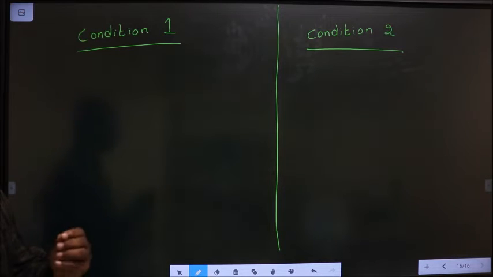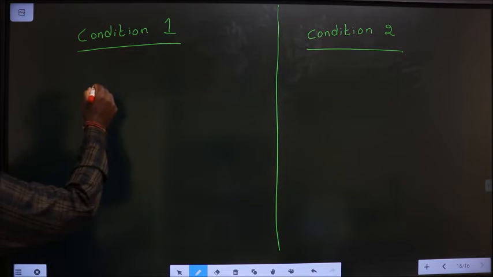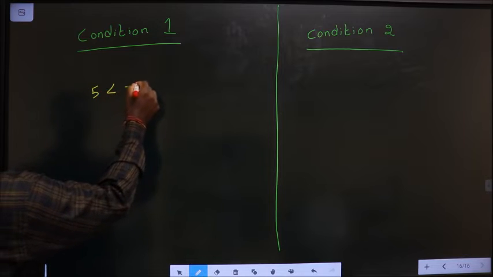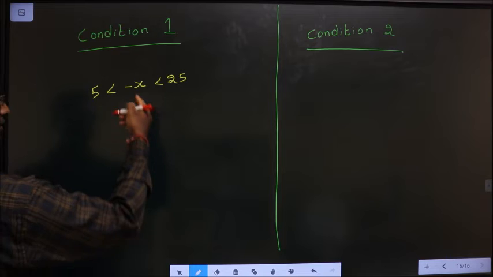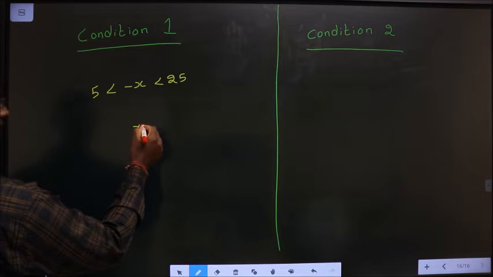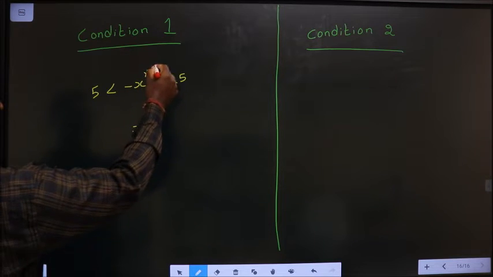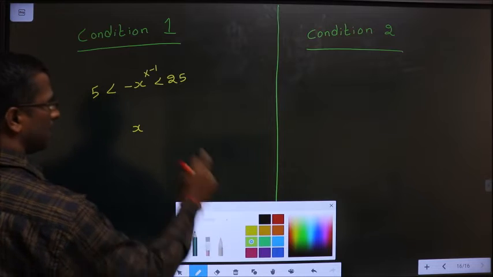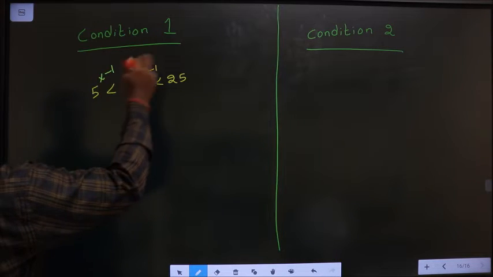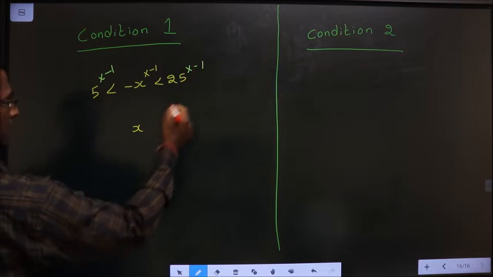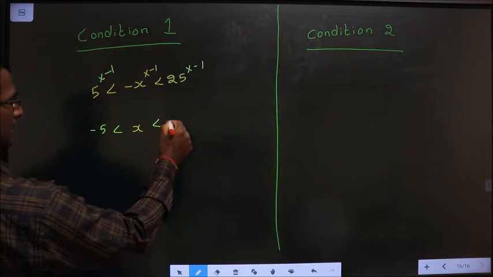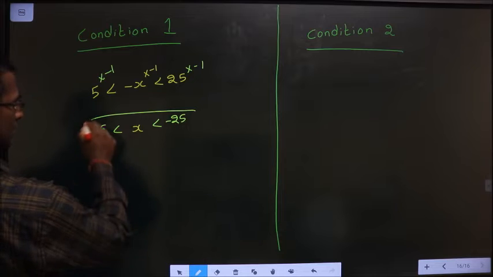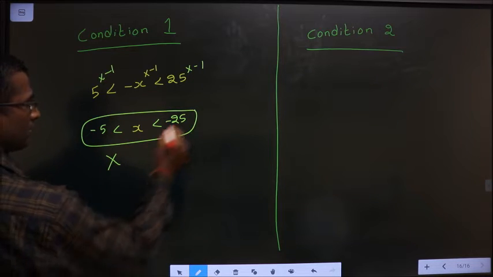Next. Now for this one, let us say 5 less than minus x less than 25. To get x, I should multiply with minus 1. When I am multiplying, everywhere I should multiply. And if I write minus 5 less than x less than minus 25, this will be wrong.